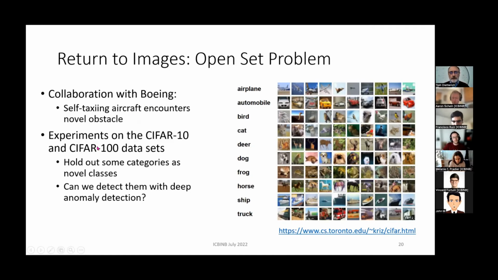And also doing experiments on things like CIFAR-10 and CIFAR-100 data sets. So what we would do here is hold out some of the categories to be novel classes, and then see if we could train a classifier to discriminate among the known classes, but also then extract some kind of an anomaly score that we could use to detect when we were being shown an image that belonged to one of the novel classes.